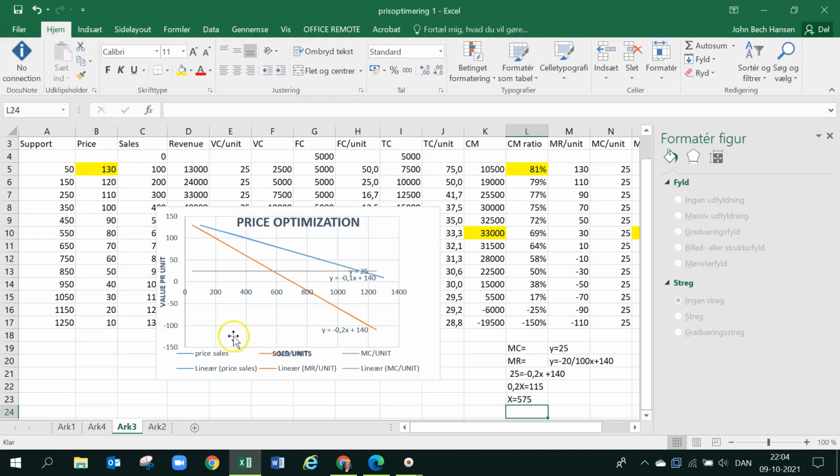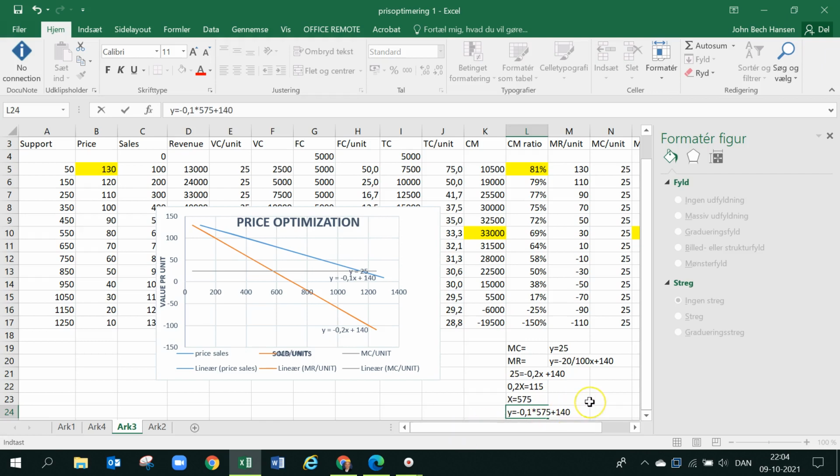values here. So if I put that in the sales line, it will be y equals minus 0.1 multiplied by 575 plus 140.